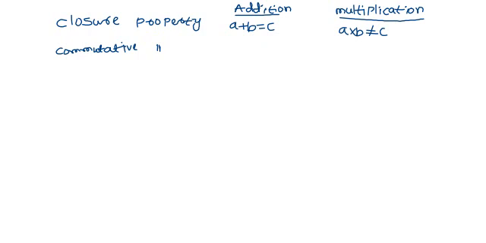Definitely it is correct. a plus b is equal to b plus a, right? Now if I want to write multiplication, a into b is equal to b into a. So this is one of the formulas. So this is the commutative property. Now we'll go for another property.